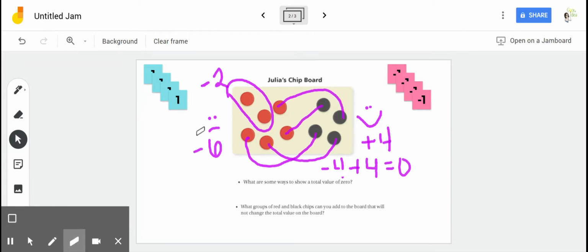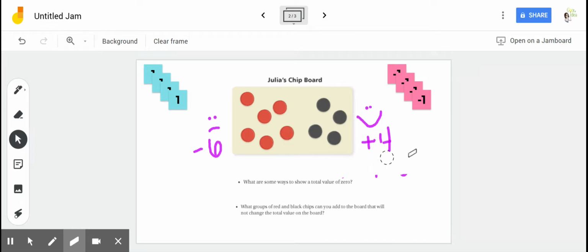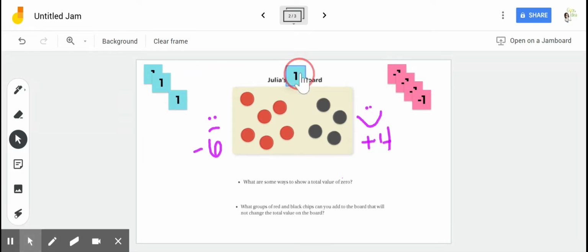Okay, so what are some ways to show a total value of 0? So let's actually get rid of these and go back. If I wanted to have a total value of 0, I need to be thinking that I have this -6 that I need to deal with. And so in order to do that, I would need to have +6, right? And so over here, I've got some positive chips that I just made blue because that was my color available.